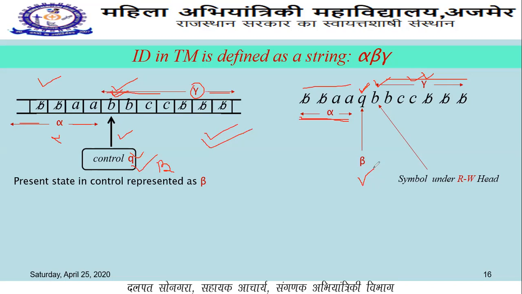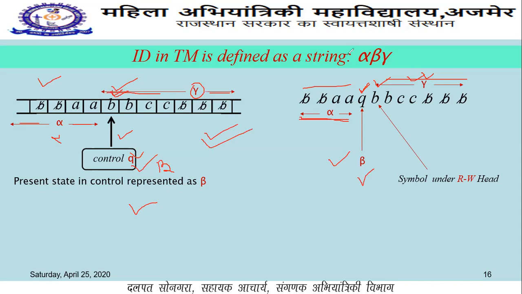Okay, so at any instance, instantaneous description, either in the format of alpha beta gamma or like this using the input tape and control, gives the idea about the current state and the current symbol over the input tape.